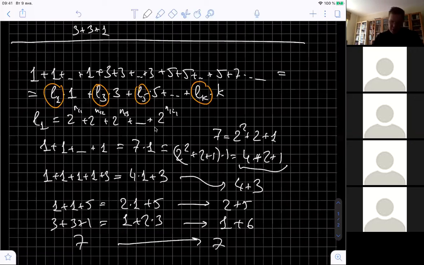Why, when I'm doing this, will these be pairwise distinct numbers?